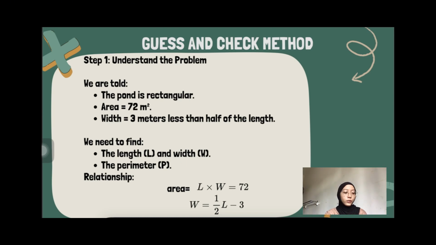As we know, the area is length times width, and the area for this pond is 72, and we simplify it, it becomes width equals 1/2 length minus 3.